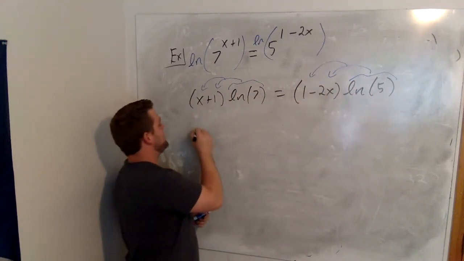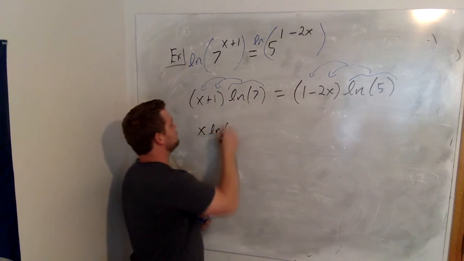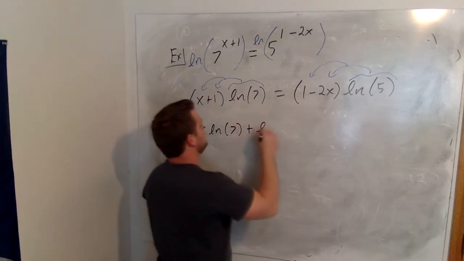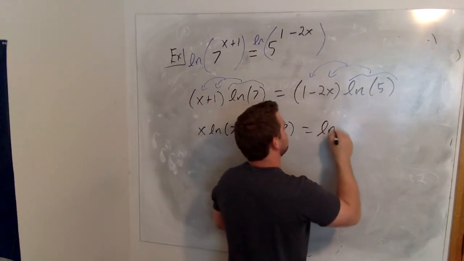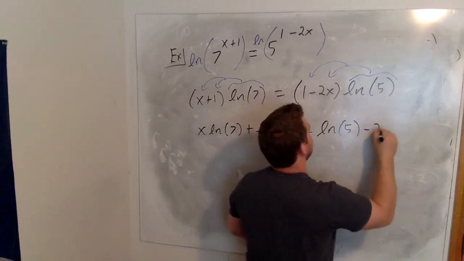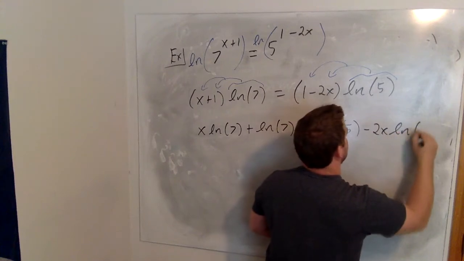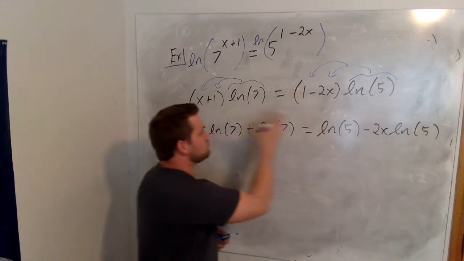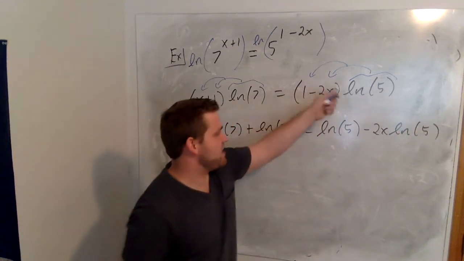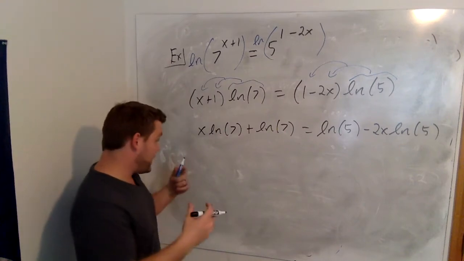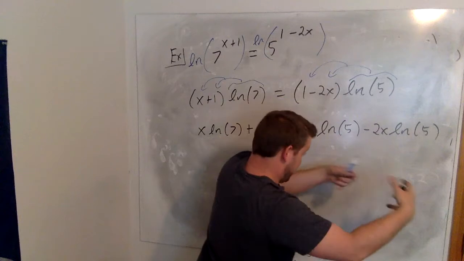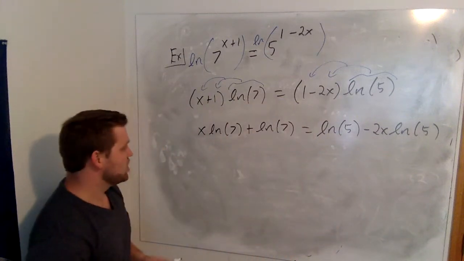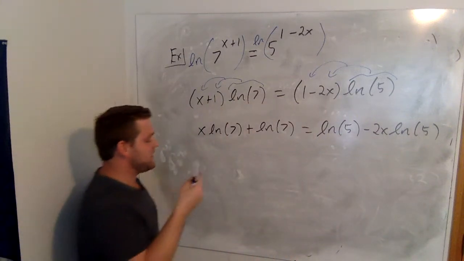So we'll have x times the natural log of 7 plus the natural log of 7. That's going to be equal to the natural log of 5 minus 2x times the natural log of 5. So I've distributed in the natural log of 7 and the natural log of 5. That's great because now I have these terms that just have x's in them and I can freely move them around. So we're going to go ahead and sniff out the x terms.